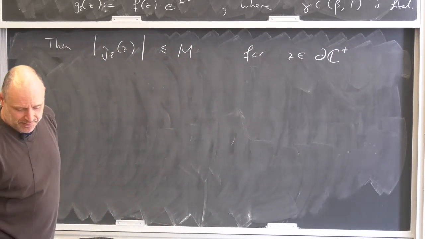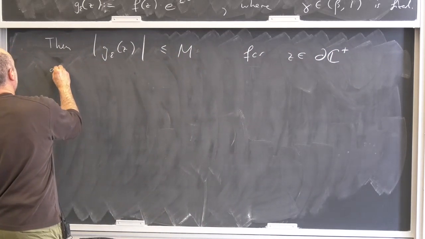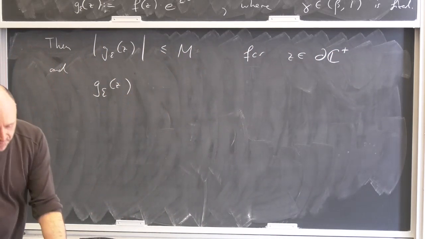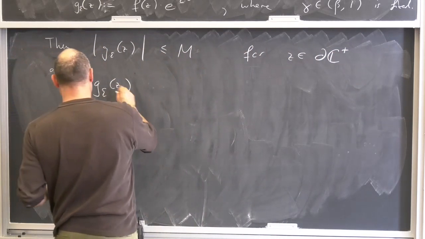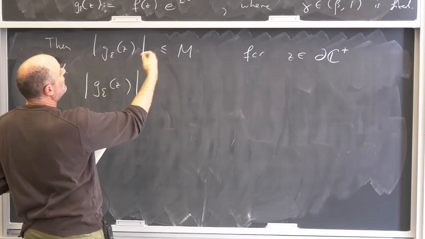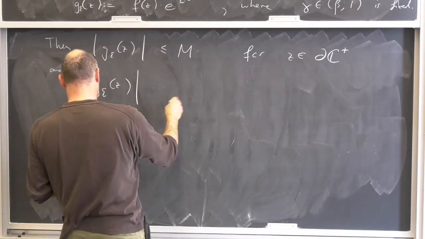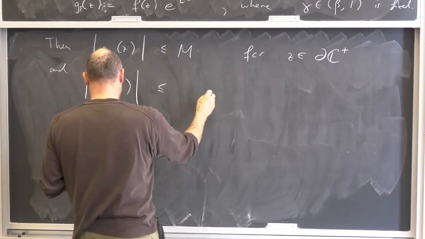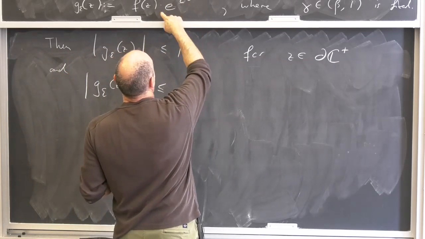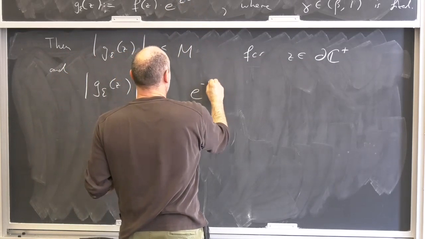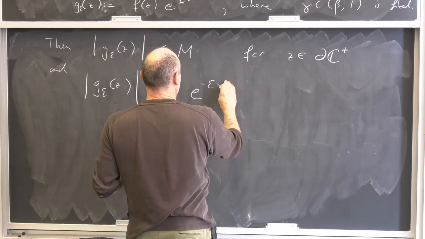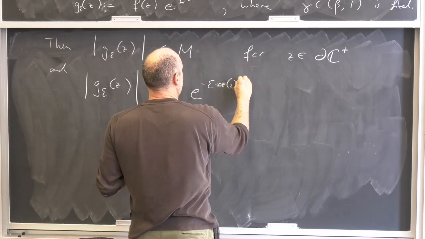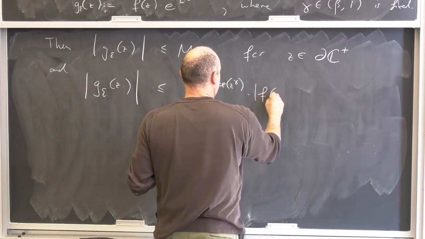And what's the growth? For any z in the right half plane, the absolute value of g epsilon of z is at most e to the real part of minus epsilon z to the gamma times f of z.